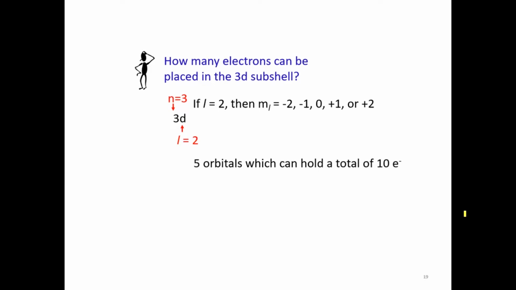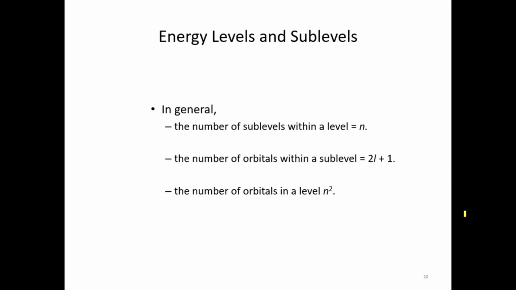When you start doing the math of these things, and I don't want to go into that in detail, you can come up with some interesting relationships. For example, in any given level, the number of sub-levels is going to be the same as the number of that level. Think about it. Walking your minds through levels 1, 2, and 3, and you'll convince yourself that that is correct. The number of orbitals within a sub-level is 2l plus 1, right?